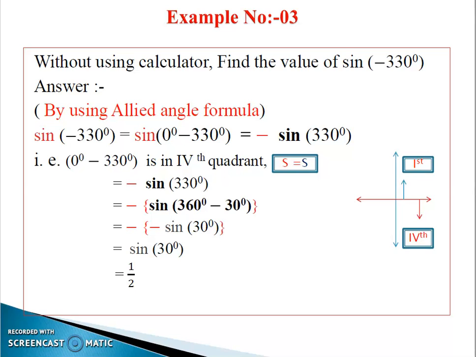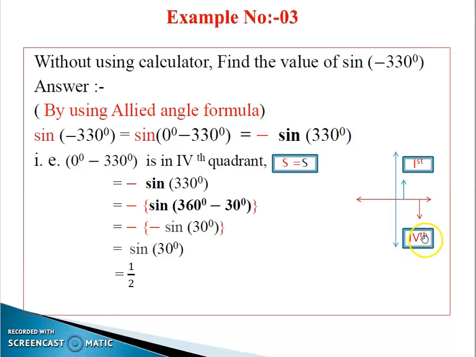Also we see another example. Without using calculator, find the value of sine minus 330, here negative theta. First we check sine minus 330 degree means sine of 0 minus theta. That means 0 minus theta is below the x-axis, which is present in fourth quadrant.